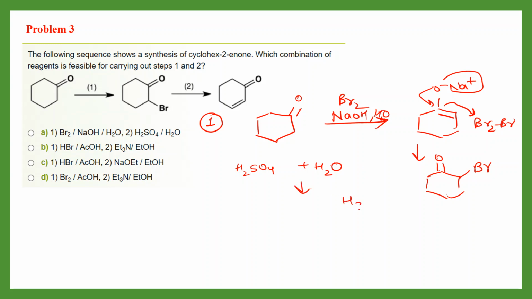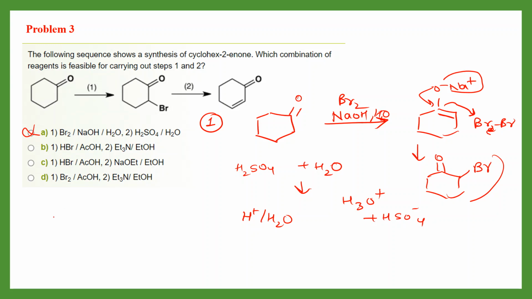It will form H3O positive, and another thing is HSO4 negative. Basically, it's hydration in the presence of an acidic medium. So elimination can't take place in this molecule. Correct? Correct or not? Sorry, this is Br. So option A can't be correct.